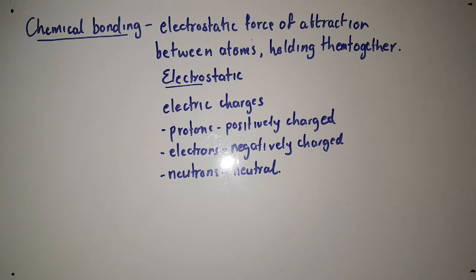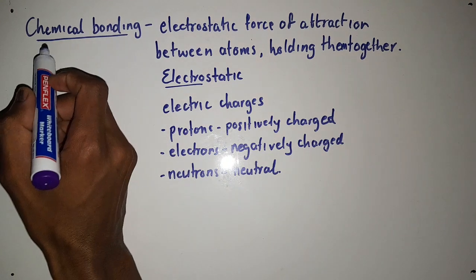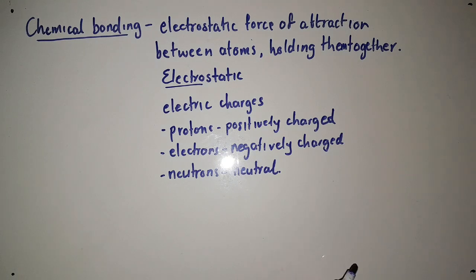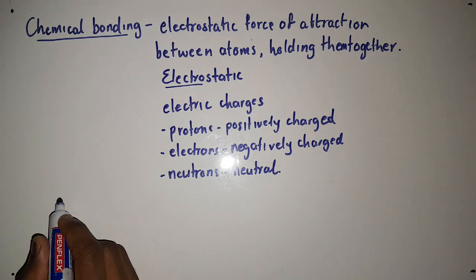In a chemical bonding, we just need to know that electrons are involved. And do you still remember that we have three types of chemical bonding?